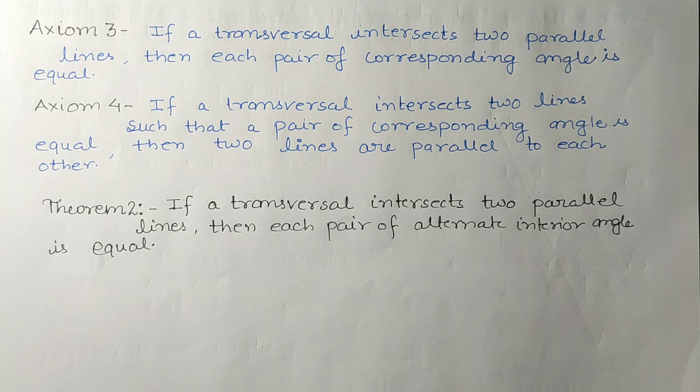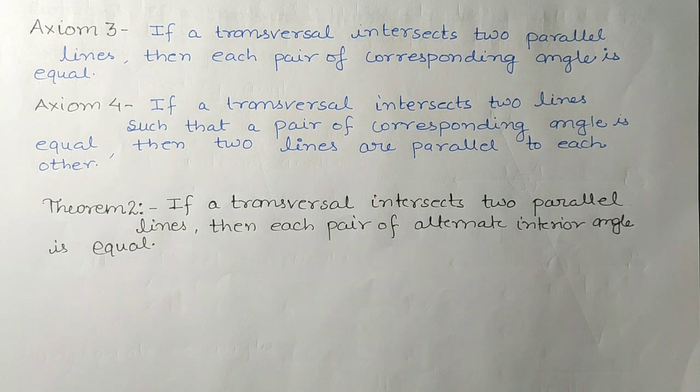In the opposite statement, we can say that if a transversal intersects two lines such that the pair of corresponding angles is equal, then the lines are parallel. In the first, it is given that lines are parallel, then their corresponding angles are equal. In the second condition, it is given that if corresponding angles are equal, then we can say that lines are parallel. Okay.